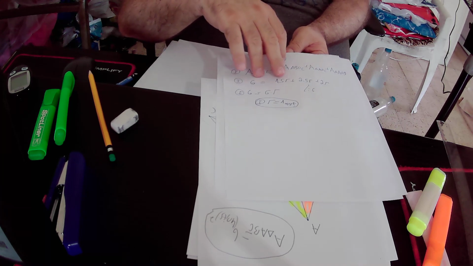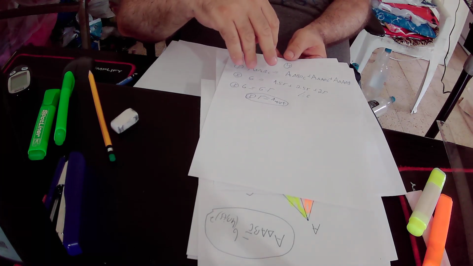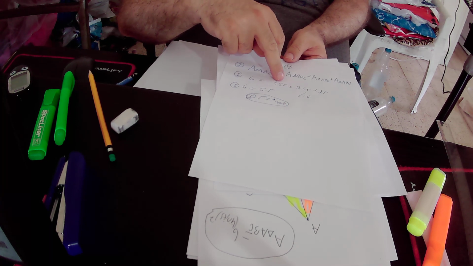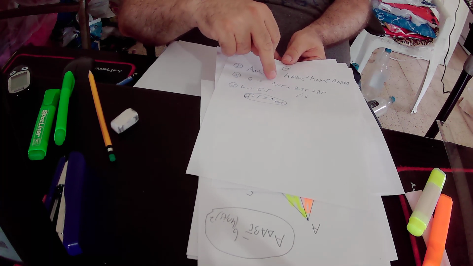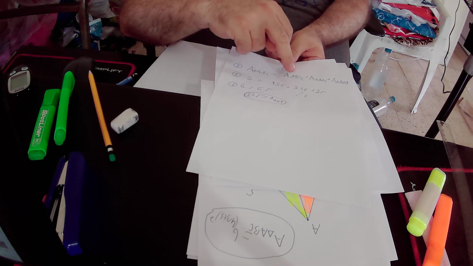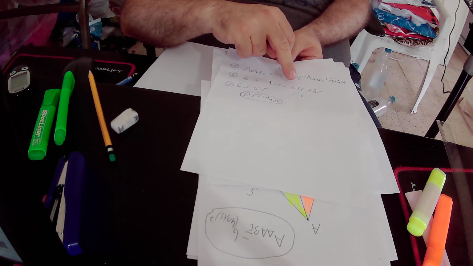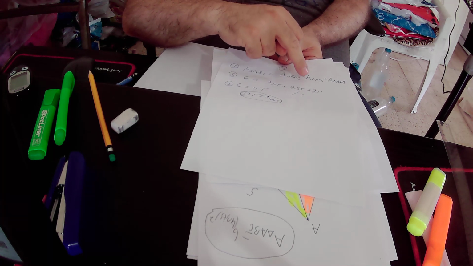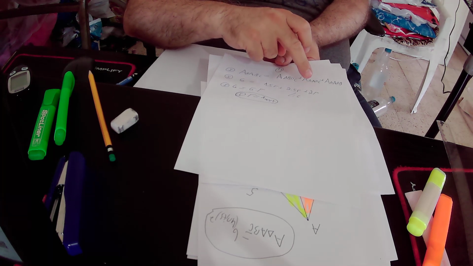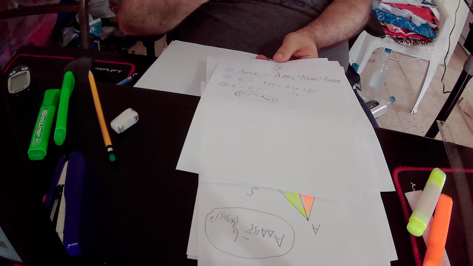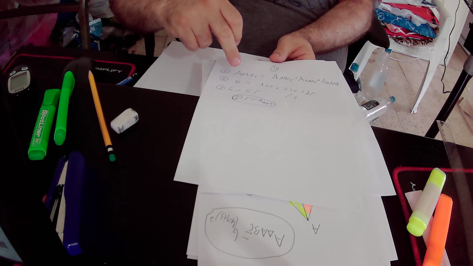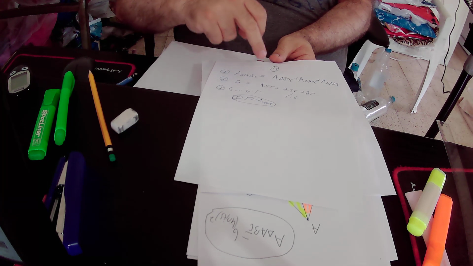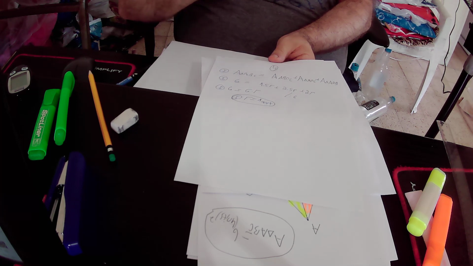We know that the area of the green triangle is 1.5 times the radius. The area of the yellow triangle equals 2.5 times the radius, and the area of the orange triangle equals 2 times the radius. So in total, the area of the big triangle ABC equals the sum of the areas of the green triangle, the yellow triangle, and the orange triangle.